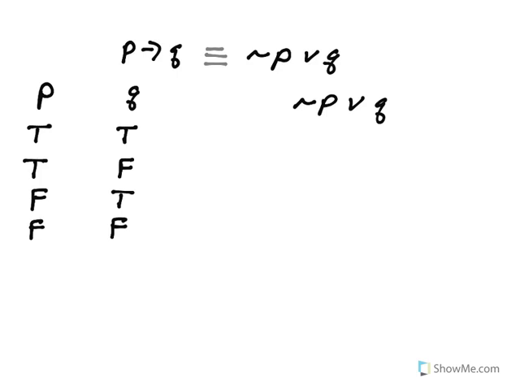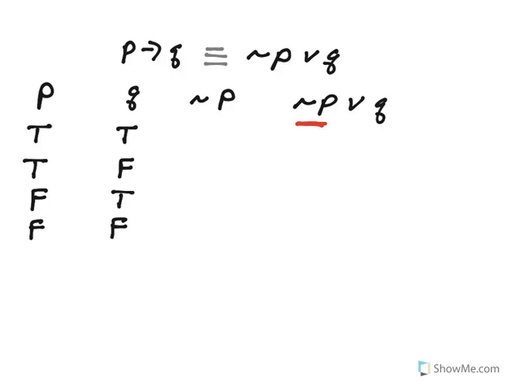You see this is not P, and we don't have a column in our truth table that represents not P. So it's in our best interest to create it, because we want to analyze the truth values for that fourth column, not P or Q.